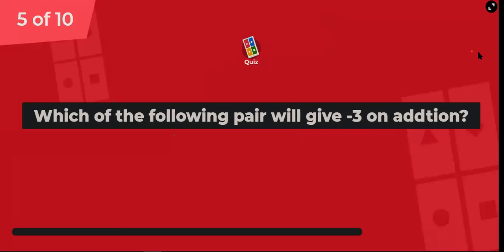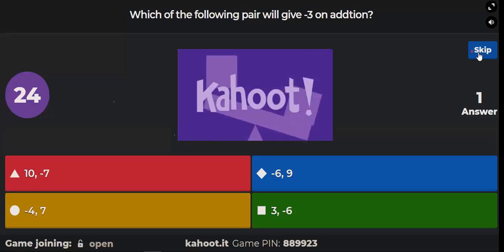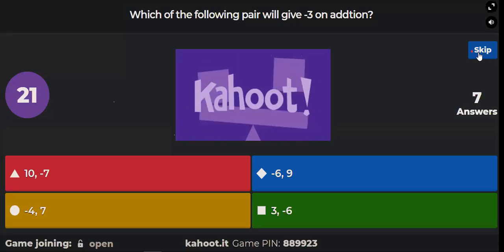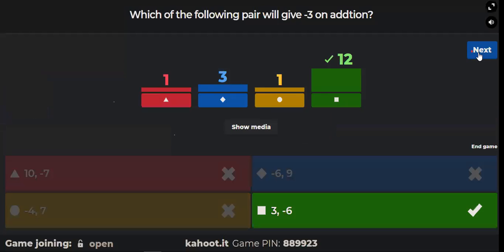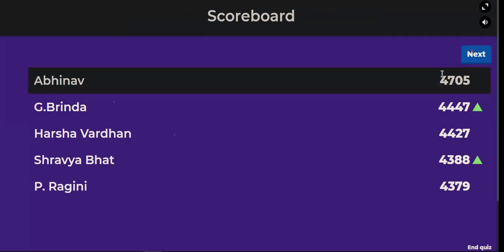Fifth problem. Which of the following pair will give minus 3 on addition? Tell me, everyone. Quick. As soon as you answer, the more score you'll get. It's minus 6 plus 3 now, right? 5 of you made a mistake. Shravya and Brinda in the game.